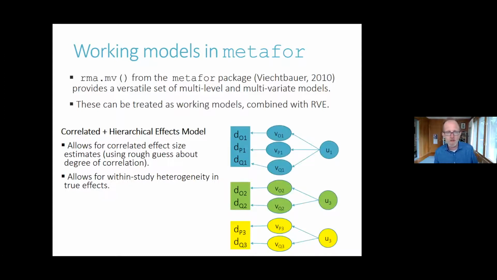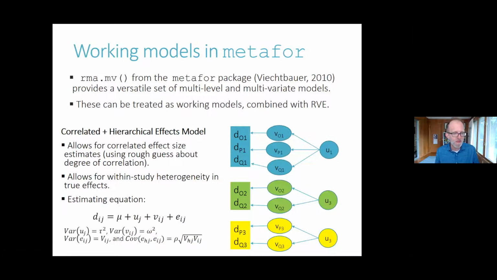So this gives us a structure where we've got correlated effect size estimates. We're allowing for dependence in the sampling errors for estimates that are drawn from the same study. We're also allowing for heterogeneity within study with the V random effects, and heterogeneity between study with the U random effects. The estimating equation looks like this: we've got effect size estimate I in study J modeled as an overall average effect, a between study random effect U_J, a within study random effect V_IJ, and then sampling error E_IJ.